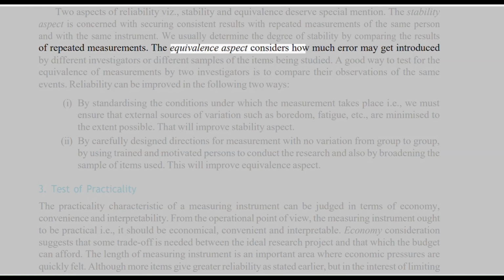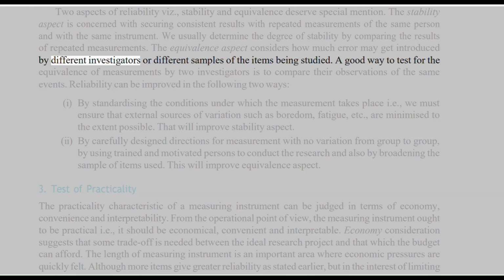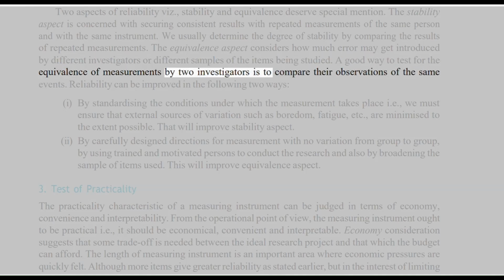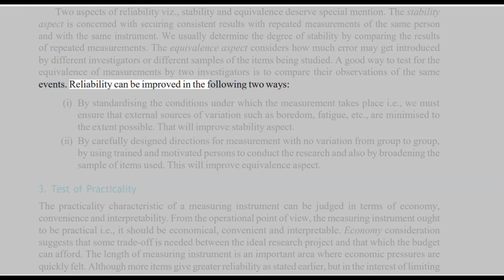The equivalence aspect considers how much error may get introduced by different investigators or different samples of the items being studied. A good way to test for the equivalence of measurements by two investigators is to compare their observations of the same events. Reliability can be improved in the following two ways.